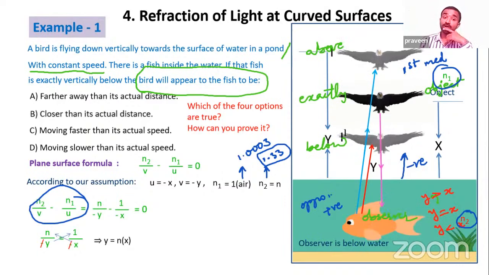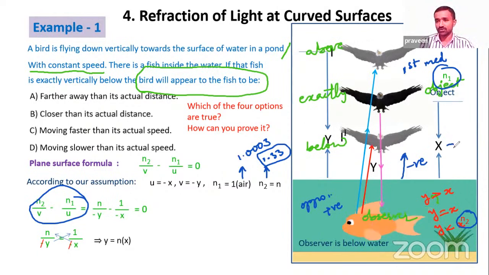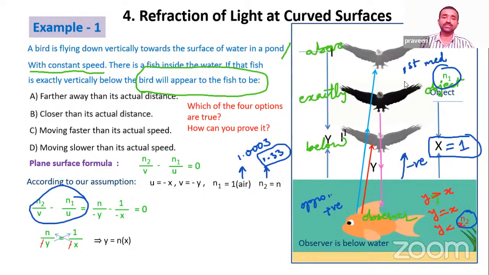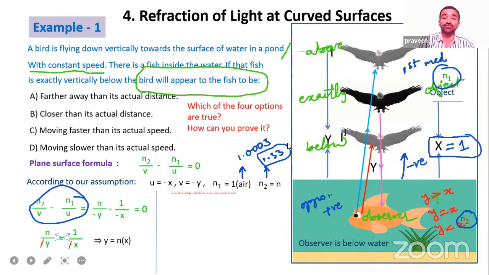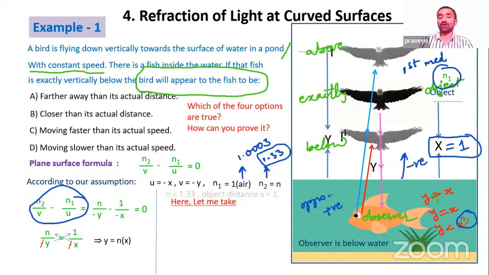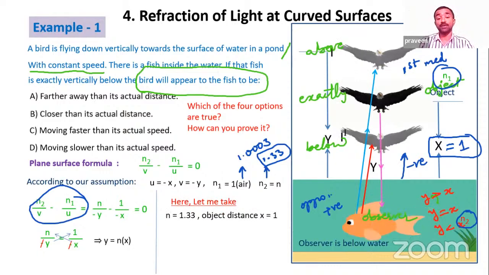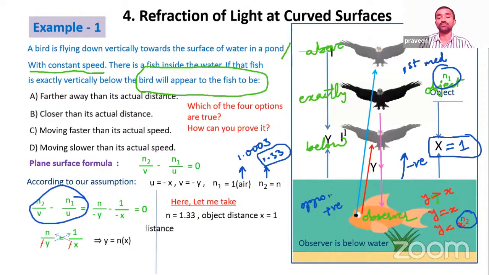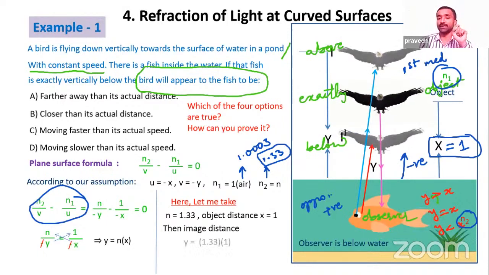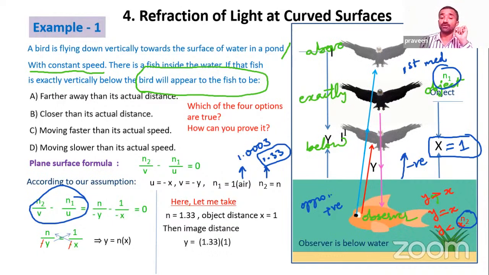Then for the x value, let us take 100% value, so x equals the unit value, that is 1. So n equal to 1.33 and object distance x equal to 1. Then image distance y is equal to n into x. N is 1.33, x is 1. Then what will be the value of y?